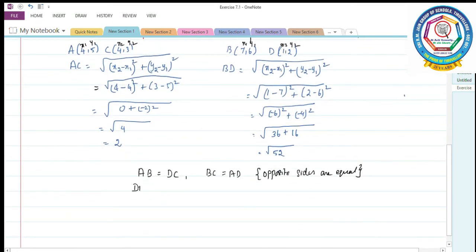Diagonal AC is not equal to diagonal BD. Therefore, the given points form a parallelogram.